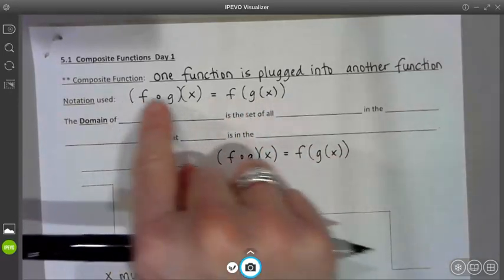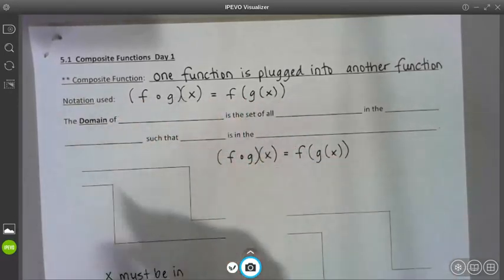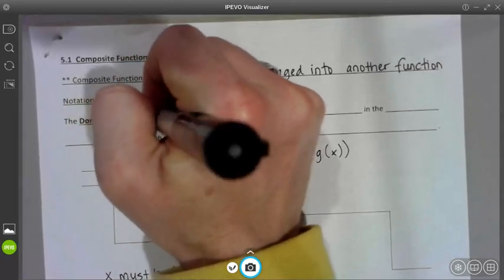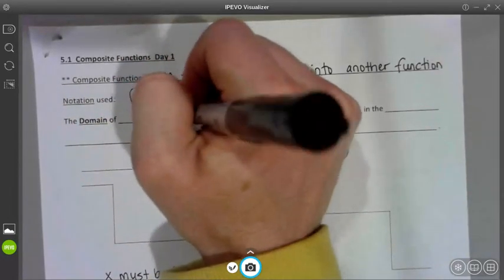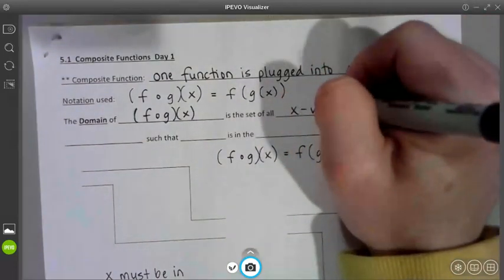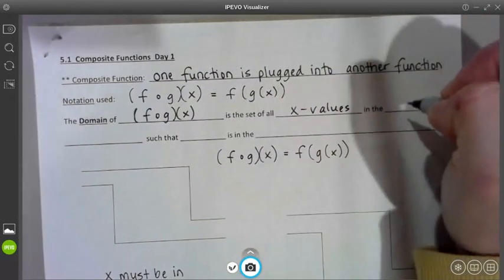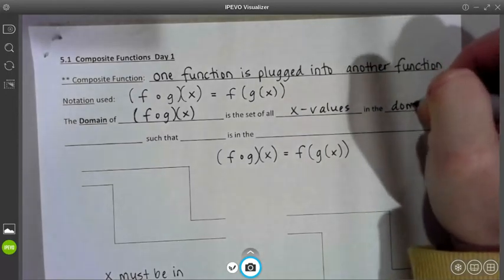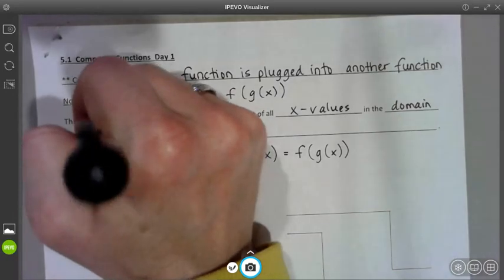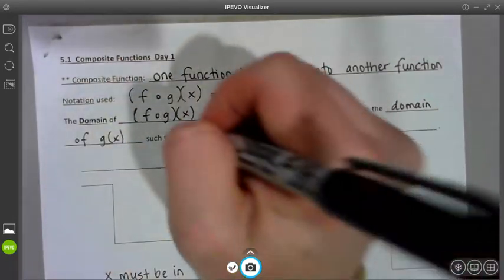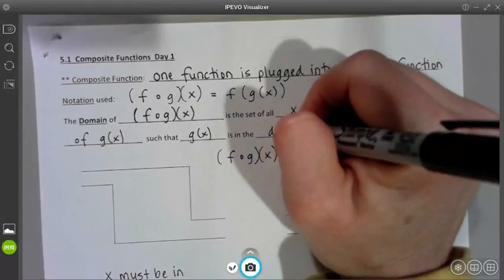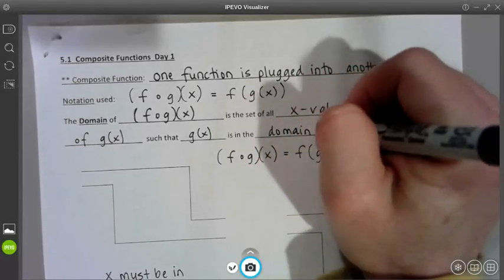Well, what is the domain of a composition function? The domain of f of g of x is the set of all x values in the domain of g of x such that g of x is in the domain of f of x.